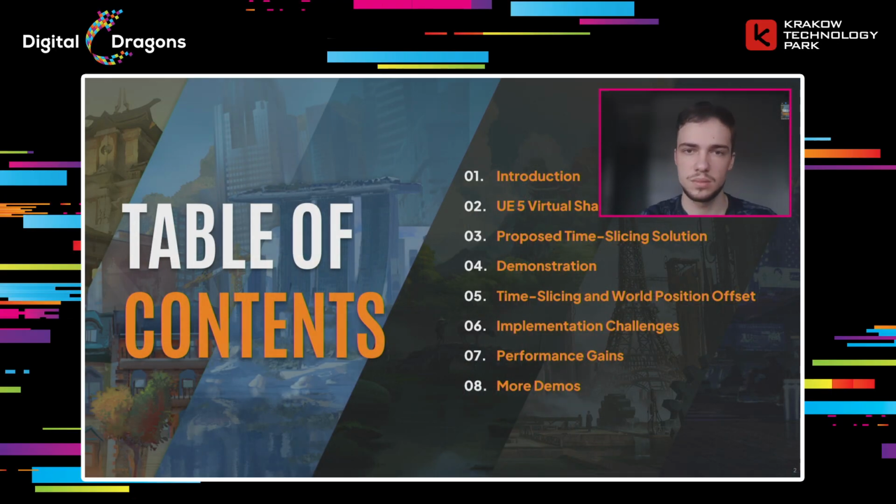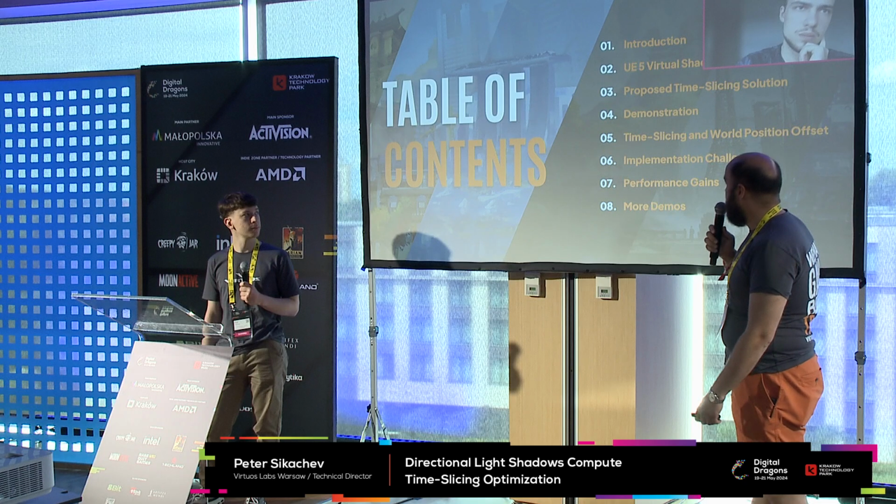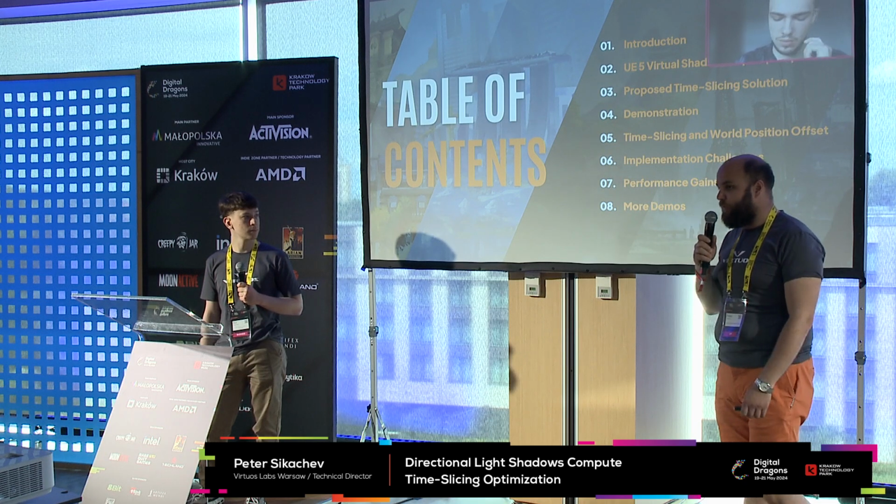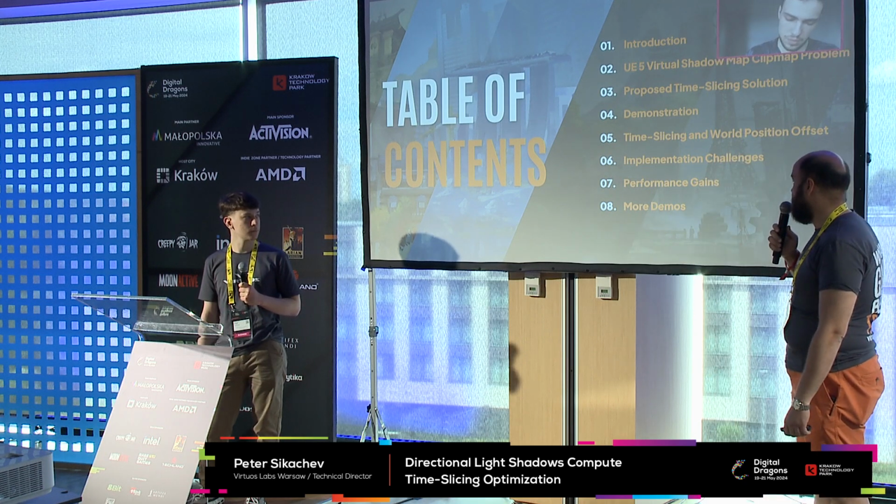Here is the outline of our presentation. We will start with a short introduction, after which I will pass the mic to Ihor, who will tell you about the issues there are with directional shadows in Unreal with virtual shadow maps. Then he will describe our proposed time slicing solution.